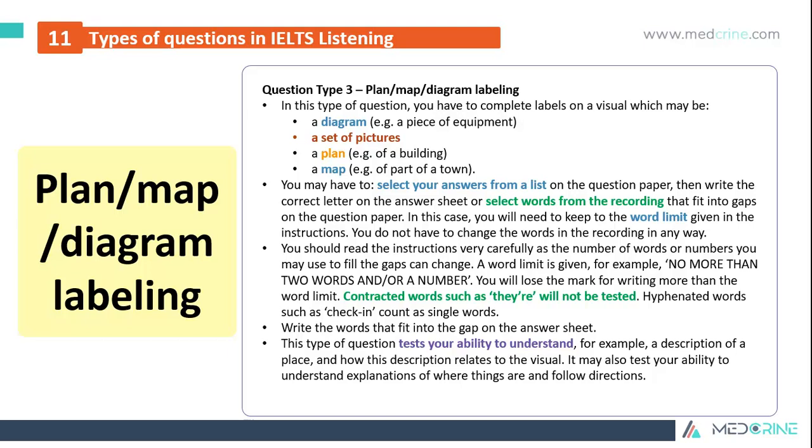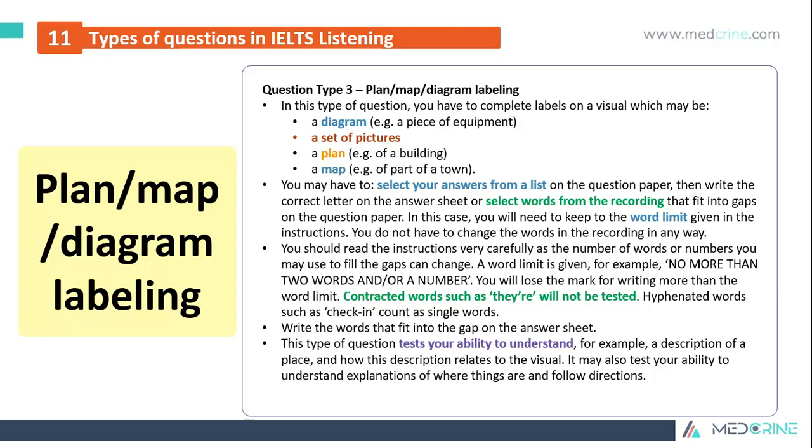You may have to select your answers from a list on the question paper and then write the correct letter on the answer sheet, or select words from the recording that fit into the gaps on the question paper. In this case, you will need to keep to the word limit given in the instructions. You do not have to change the words in the recording in any way. You just write them the same way they are.